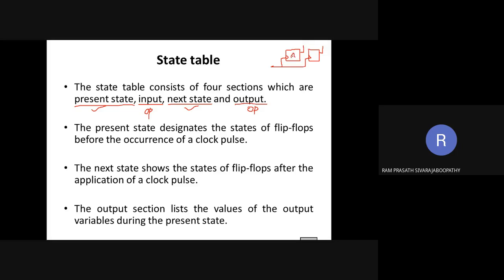Let it take A, this let it take B. So this become QB, this become QA. So this is our clock pulse. So in this circuit, there is no input. Input in the sense, externally I don't have any control in the circuit. Here you will be having DA, DB, like that.